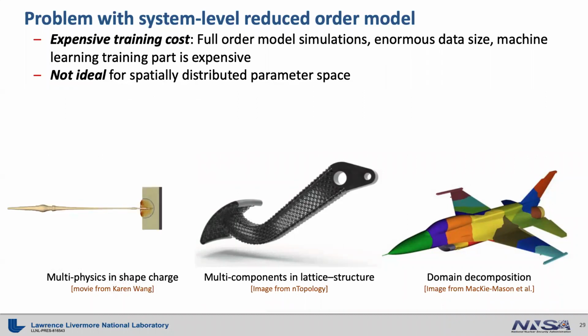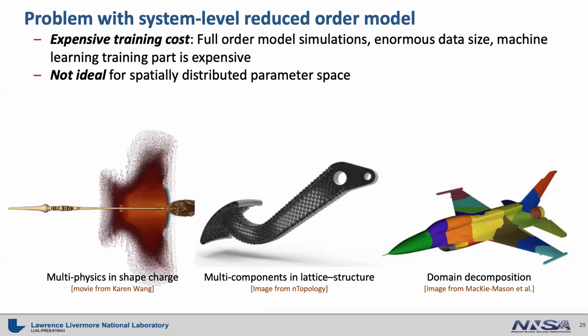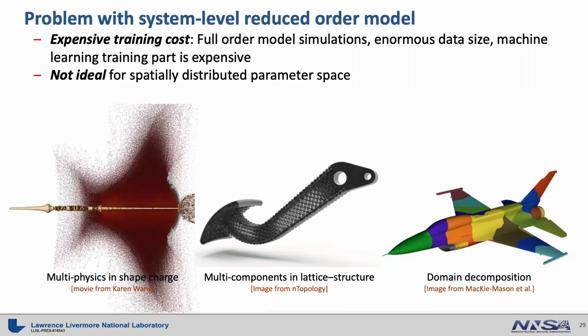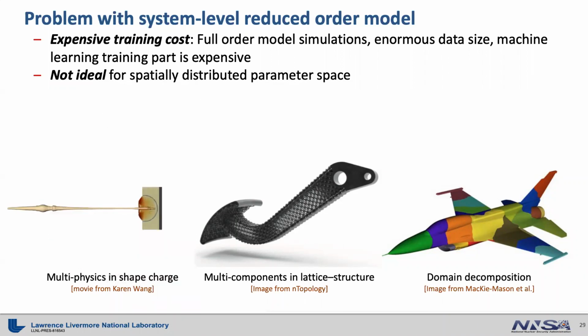Also, if the parameter is spatially distributed, which is often the case in design optimization problems, in topology optimization for example, then the dimension of the parameter space becomes too high to be tractable.